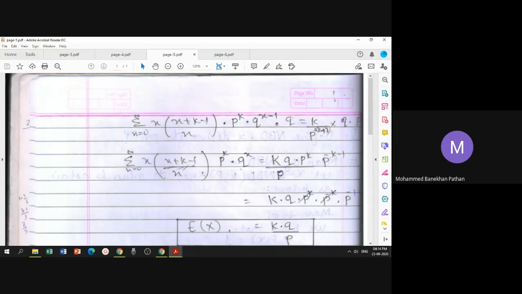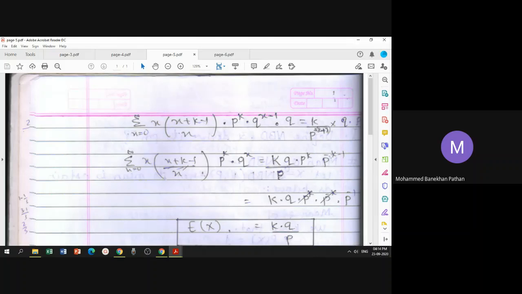The q power and this minus cancel, so you get p raised to k, q raised to x, and this is, as usual, x plus k minus 1 choose x. This division line is not there because it is a combination. So summation x multiplied by this entire quantity equals k, q, p raised to k, and this is p raised to k minus 1. This is not there.